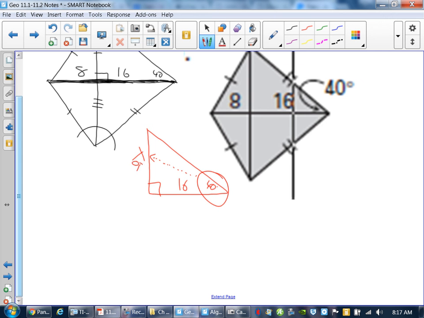Your opposite. 16 is your adjacent. What trig function is opposite and adjacent? Tangent. The tangent of 40 is x over 16.